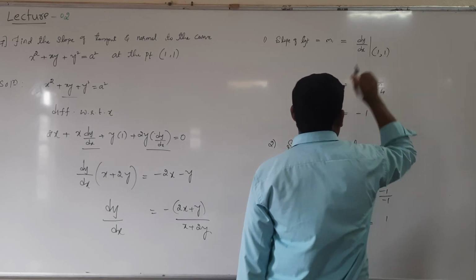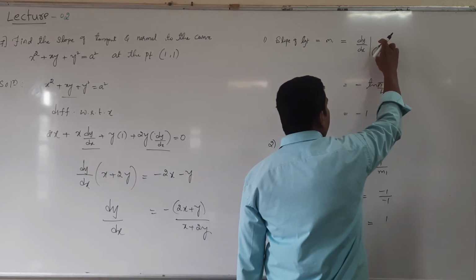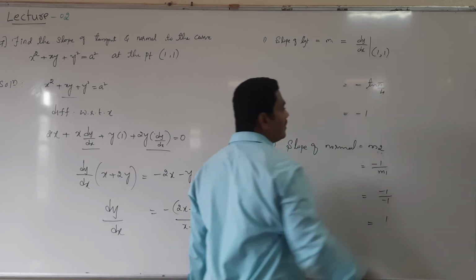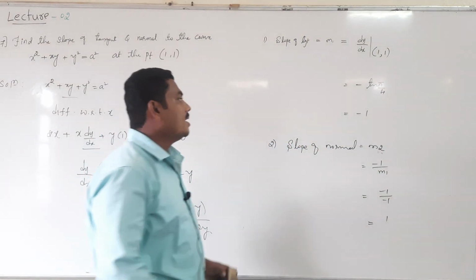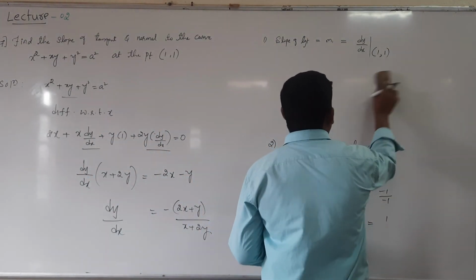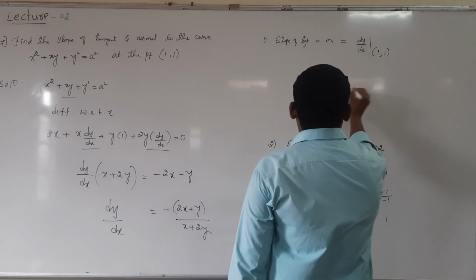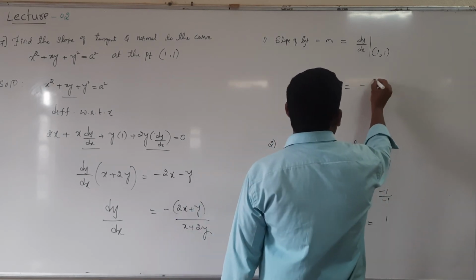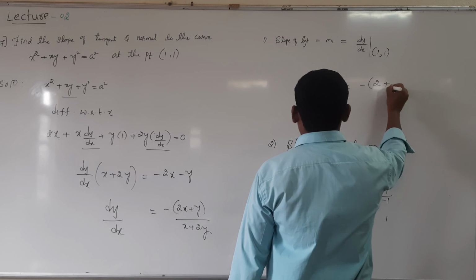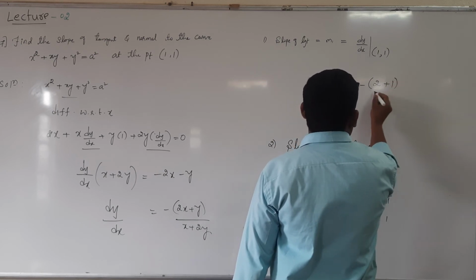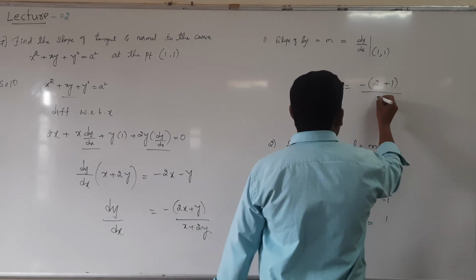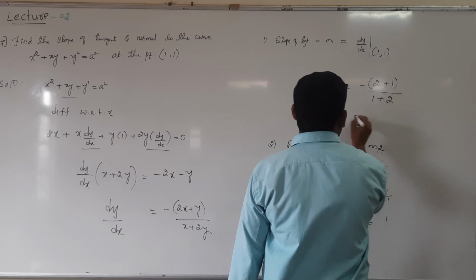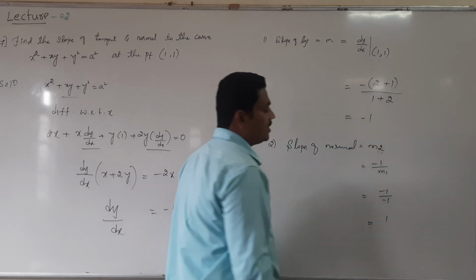First coordinate is x coordinate, second y coordinate. Put x value 1, y value 1. That's equal to negative sign outside, 2 into 1 is 2 plus 1 divided by 1 plus 2. That's equal to minus 1.